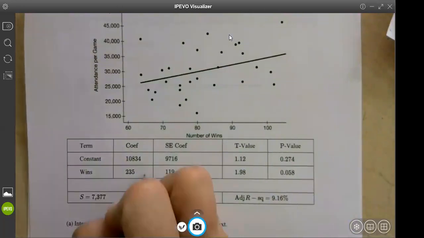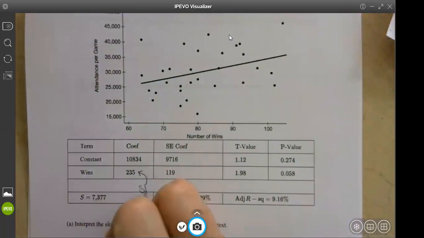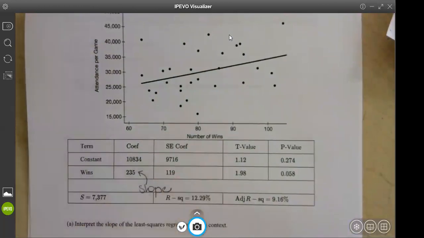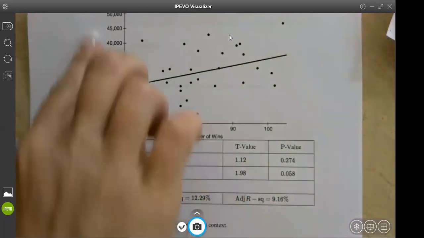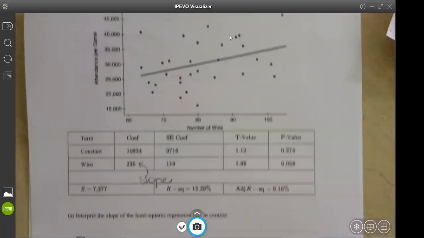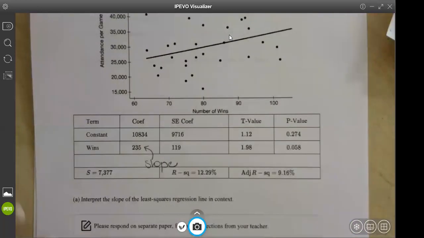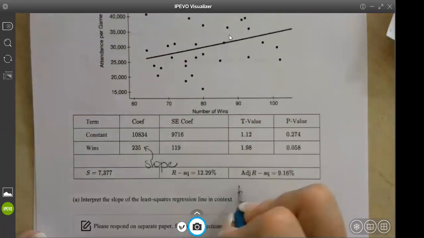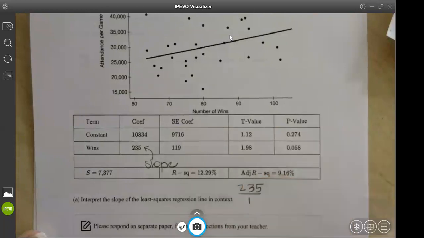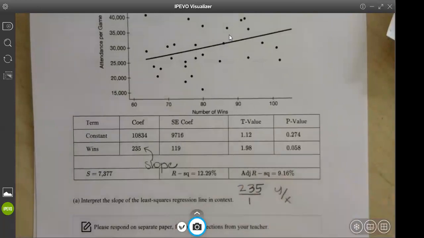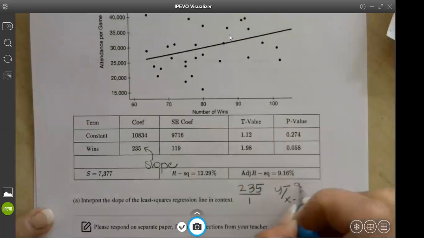It is 235. So we're talking about number of wins and attendance per game. So what is the slope in context of the problem? So your slope is 235 over 1. This is how I like to teach my Math 1 kids, just in case they talk about interpret the slope. Remember, it's the change in y over the change in x. Perfect.